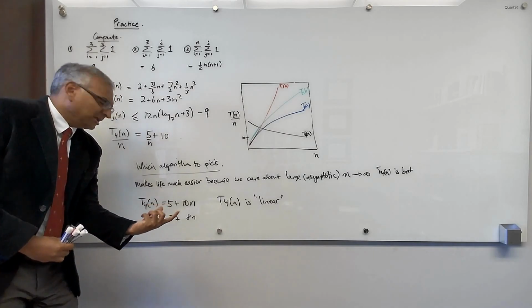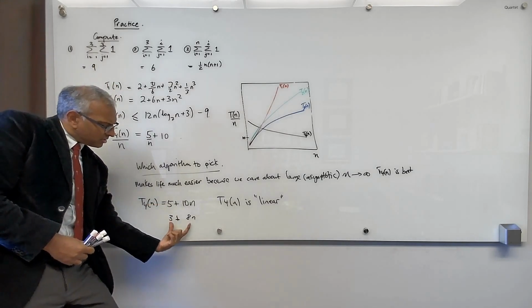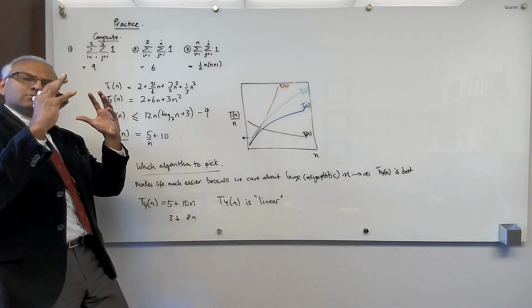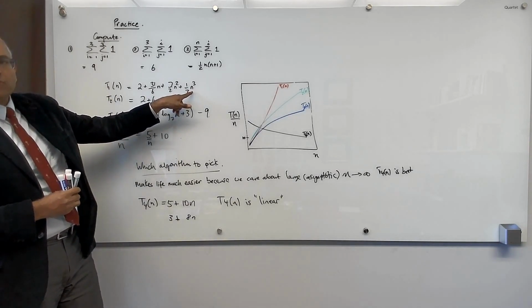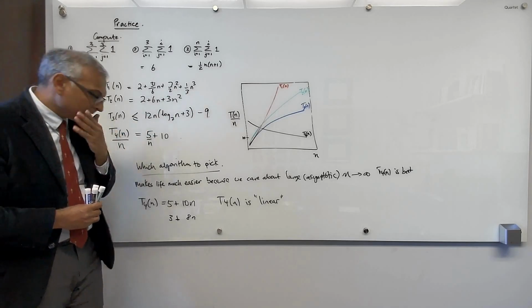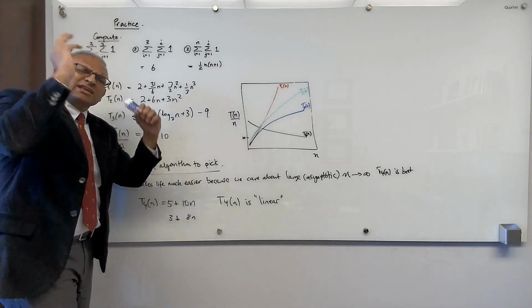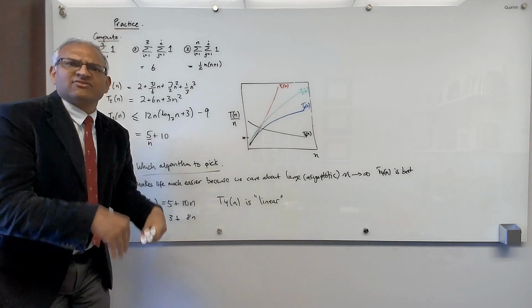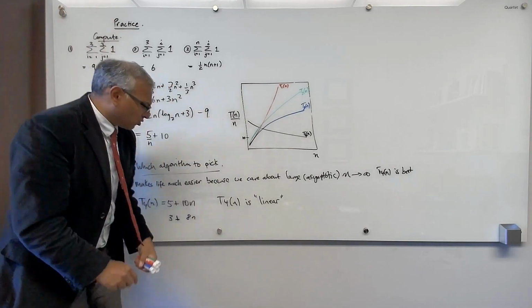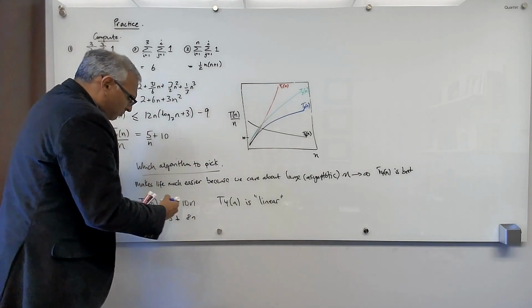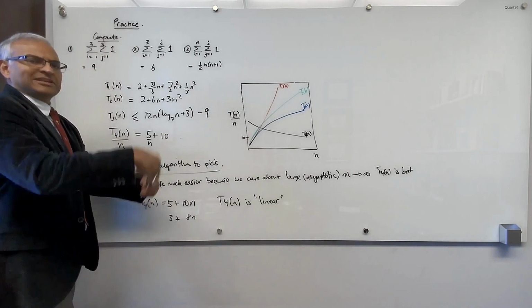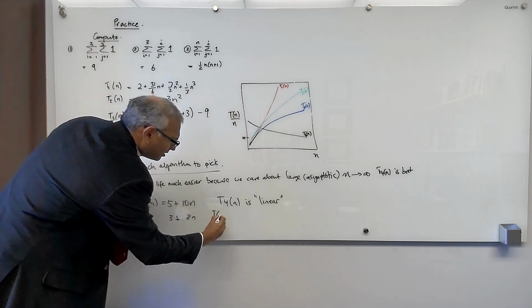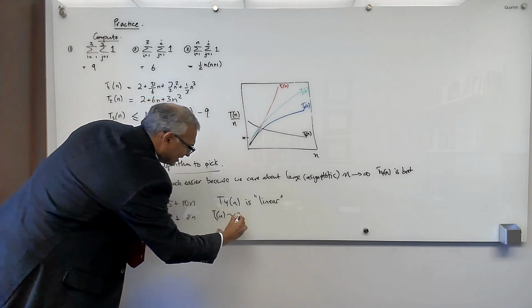There's something fundamentally different between this algorithm, which has a running time involving n, and this algorithm, which has a running time involving n cubed. So what we say is that we're going to ignore constants, additive and multiplicative constants. Roughly speaking, we say that the running time T4 of n is basically linear.